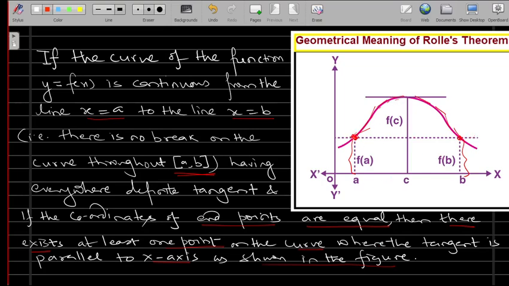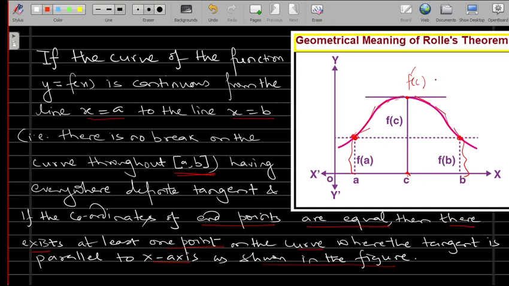But if f of a equals f of b, then there exists at least one point c on the curve, this point, f of c, where the tangent is parallel to the x-axis.